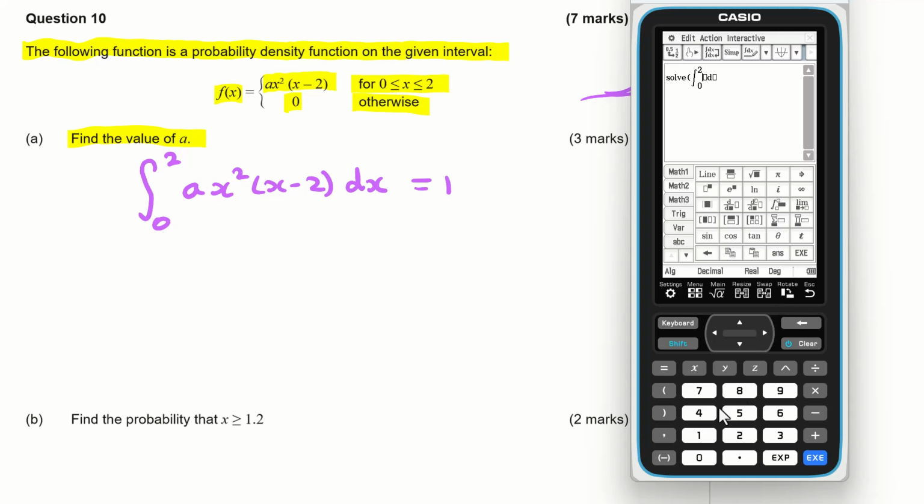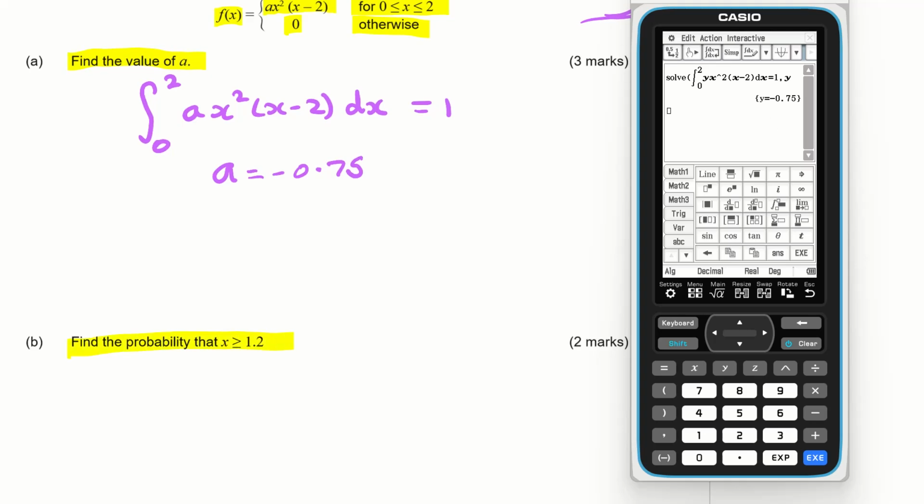Now what I'm going to do is put that in as y x squared (x minus 2) dx, and we need to put that equal to 1, and since I'm solving for y, you have to tell the calculator that, so I'm going to put an equals y, and there we get it. y is negative 0.75, so that means for us a is negative 0.75.